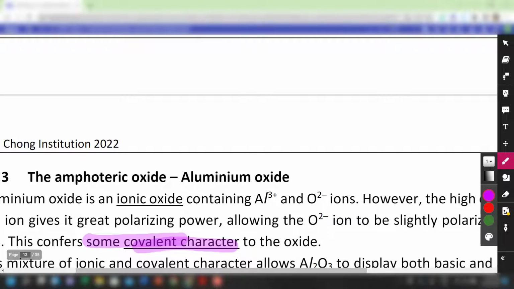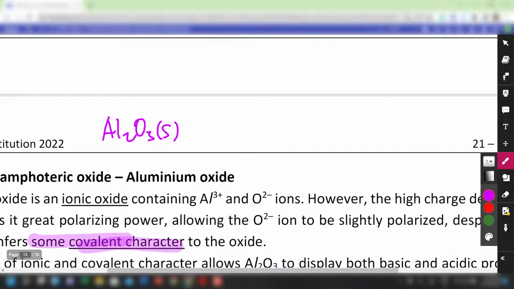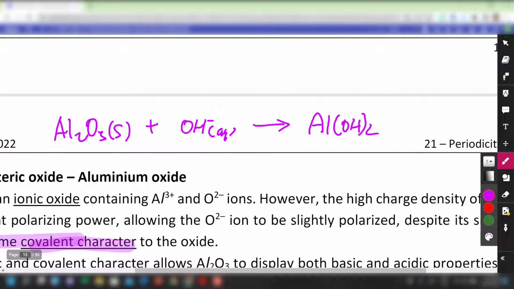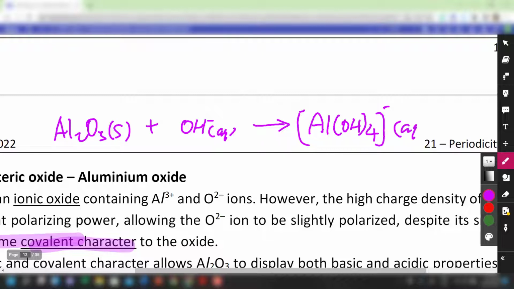All you need to do is first write down Al2O3 as a solid. You don't know how much OH- to add, but you know that at the end of the day you are going to produce the products known as aluminates. Aluminates look like this: [Al(OH)4]- as an aqueous species.